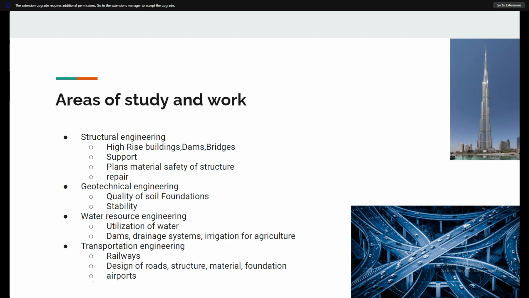So, for example, its structure, the material of the roads, how it provides traction to cars, and the quality of materials, and also the foundation on which the road is constructed.